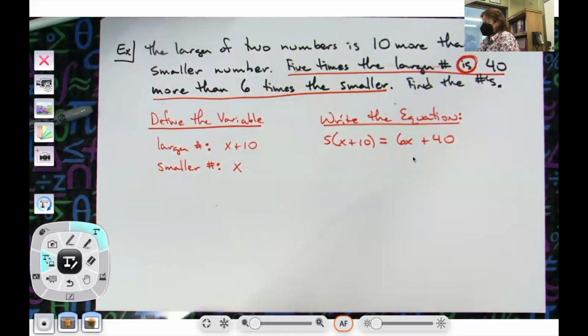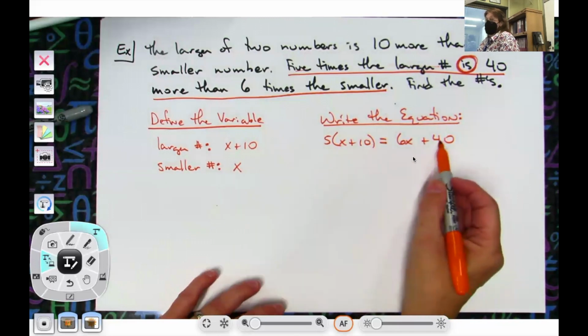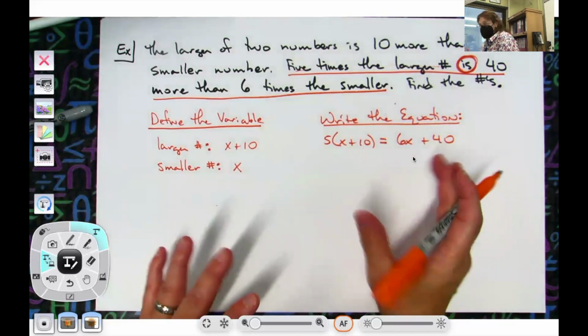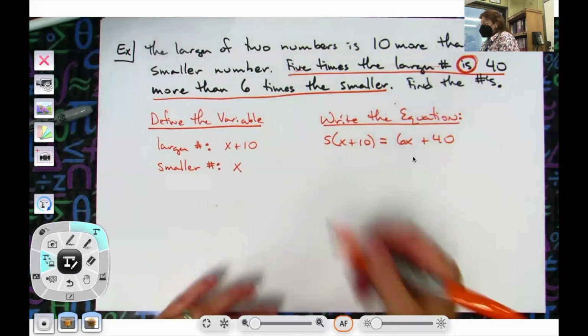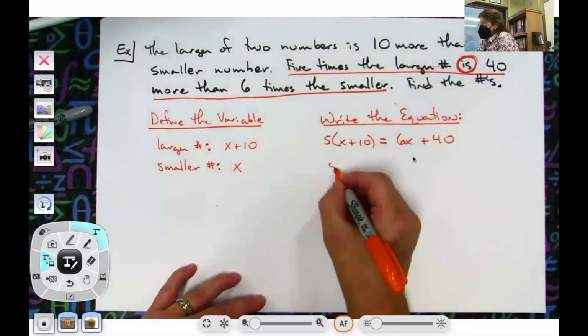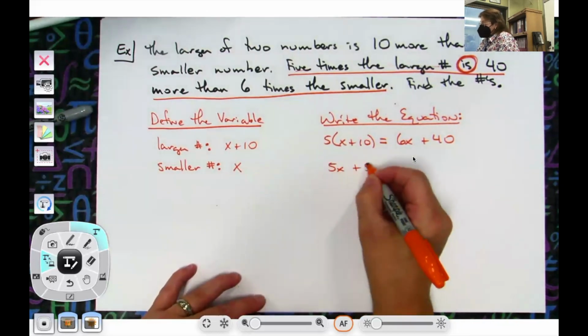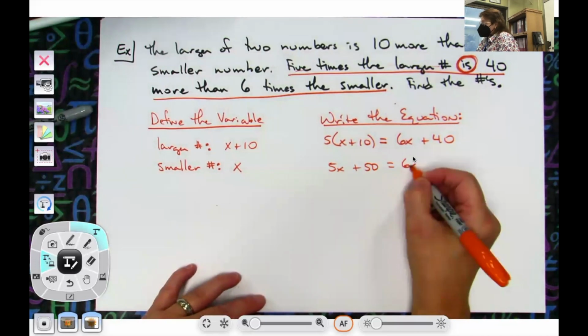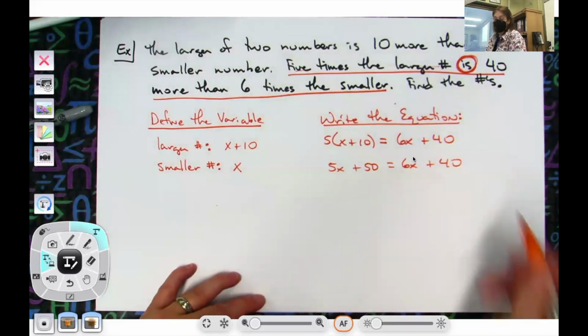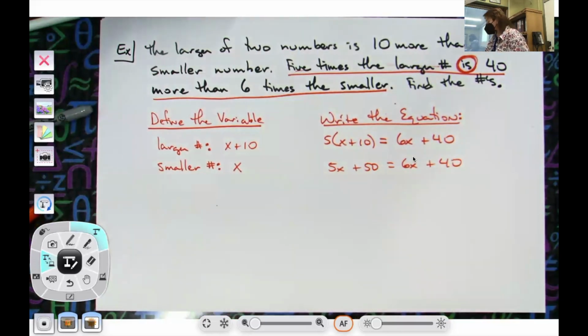All right, now again, if you can write that and then not clutter it up when you go to solve, then you can just immediately start solving. So then here I'm going to go 5x plus 50 equals 6x plus 40. On this one, does it make more sense to subtract 5x from both sides? That'll keep my x positive, right?